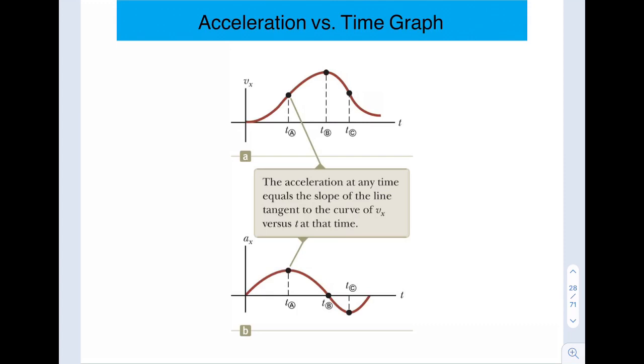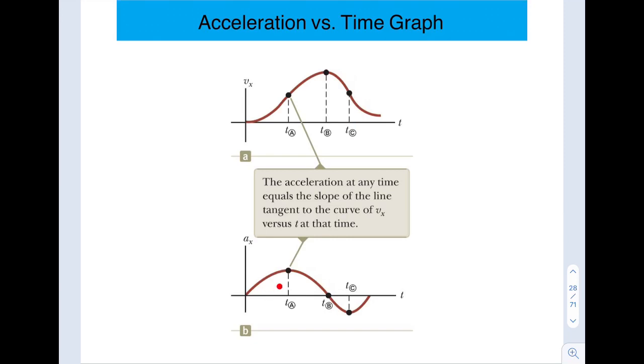Acceleration versus time graph. What we have here is v versus t. This is information of velocity versus time. Now, this information is going to be converted into a versus t. The figure illustrates how the acceleration-time graph is related to the velocity-time graph.